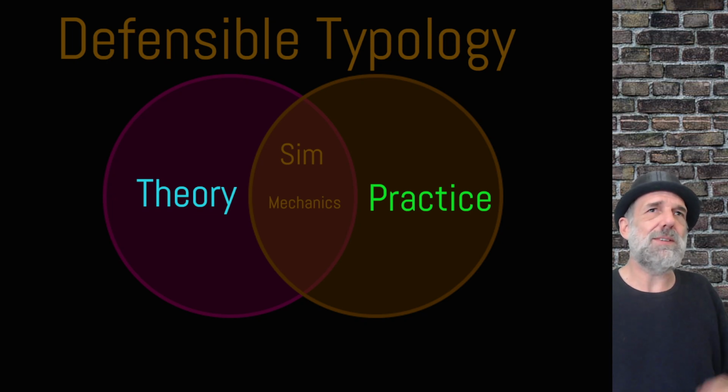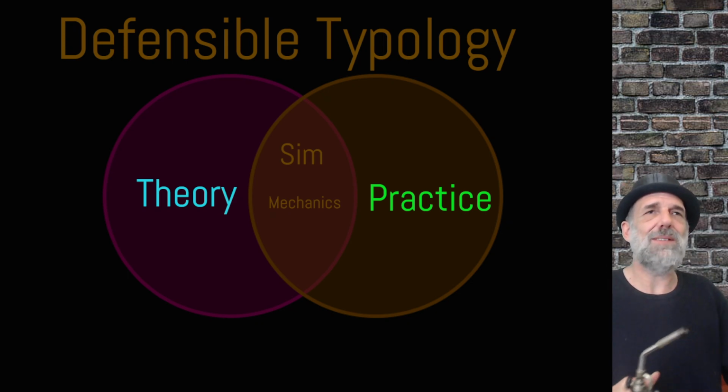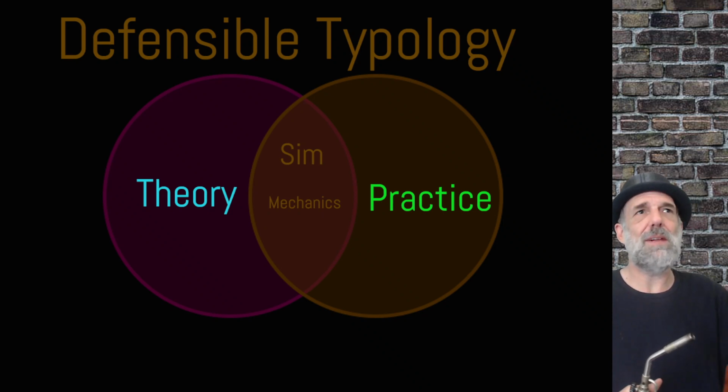The middle section there is sim mechanics. That is to say, when we start getting into how we would simulate it, namely, we define each directional flow of words in this direction to that field as extroverted intuition or whatever. If you were to actually simulate it, it would be a way of experiment.